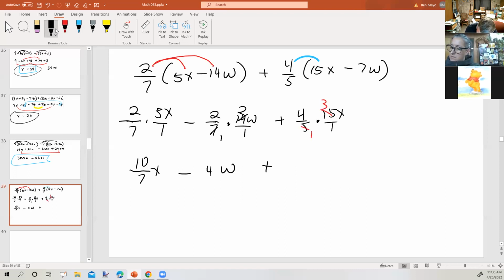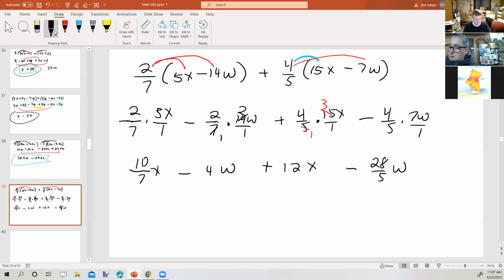So we get plus 12x. And then minus 4/5 times 7w over 1. And that doesn't reduce any, so we get minus 28/5 w. So I was able to reduce some of those products, but not all of them.